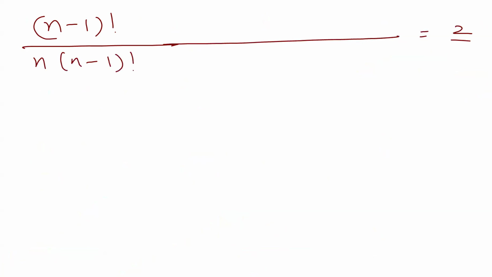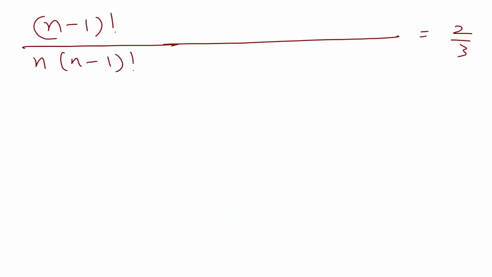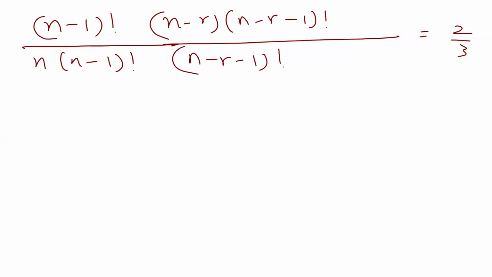So (N minus 1) factorial will remain (N minus 1) factorial, and N factorial will change to N into (N minus 1) factorial. What I did is I reduced. Okay. Now for the next group, N minus R, I will reduce by 1. So (N minus R) factorial is N minus R into (N minus R minus 1) factorial, upon (N minus R minus 1) factorial.